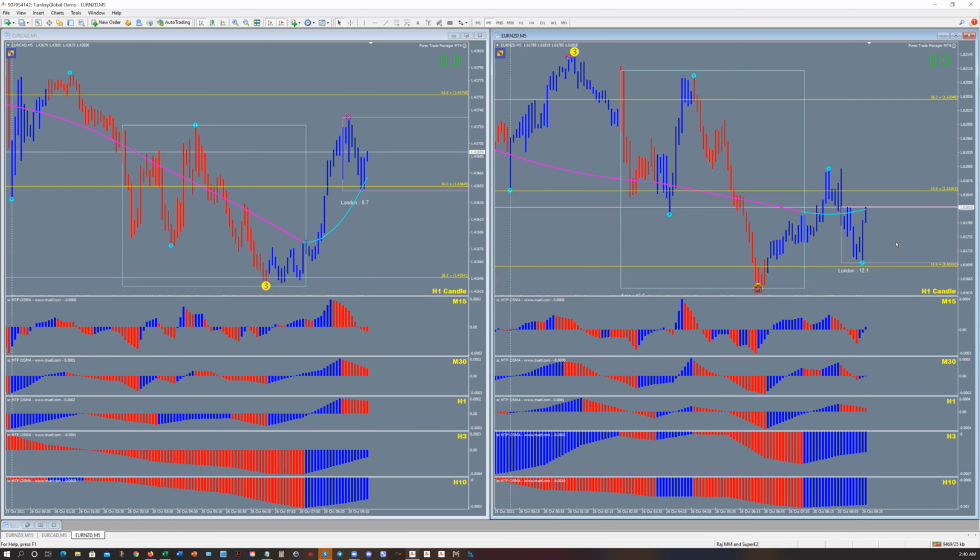Should we enter, assuming the 1 hour changes color? Yeah, once the 1 hour changes color, and this is somewhere in here, for example, it's not a fresh cross, but it's in the middle. I'll wait for a fresh one.